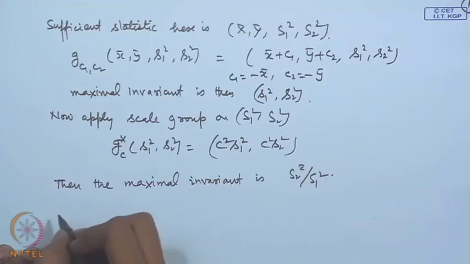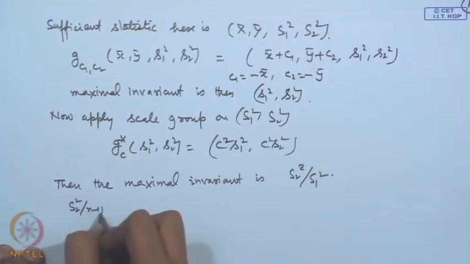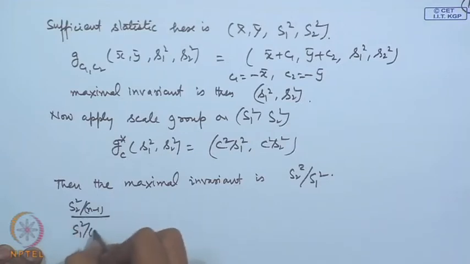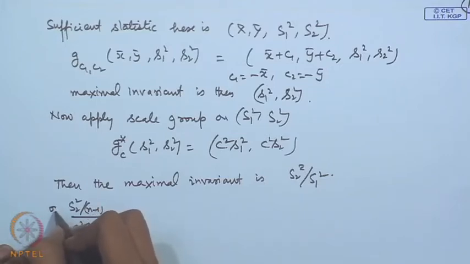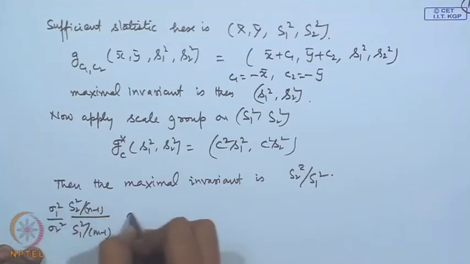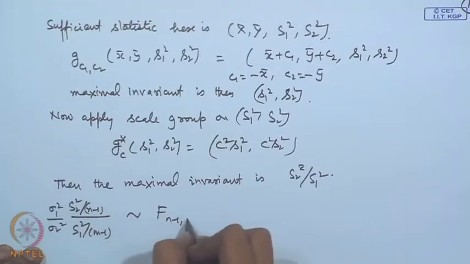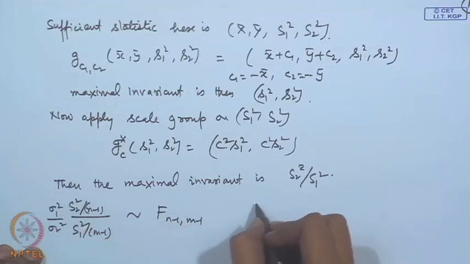So, if I consider S2 square by (n minus 1) divided by S1 square by (m minus 1), and if I divide this by sigma2 square by sigma1 square, this has an F distribution on n minus 1, m minus 1 degrees of freedom.